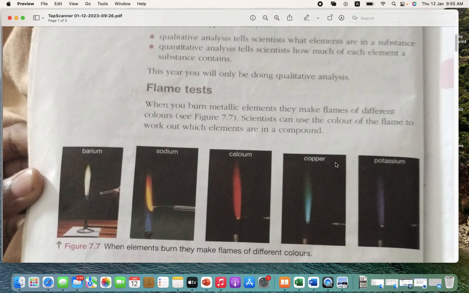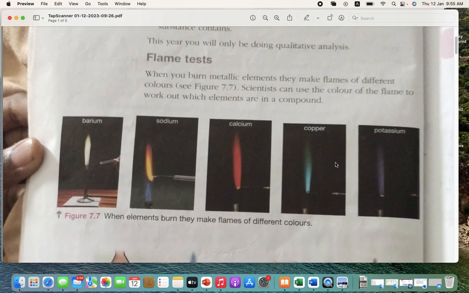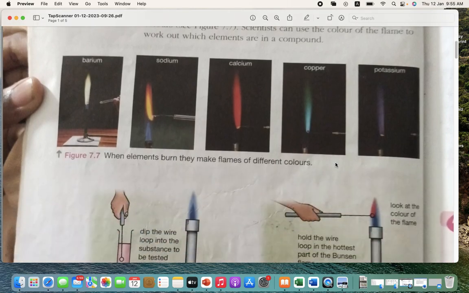The color coming out from it tells you what element it is.